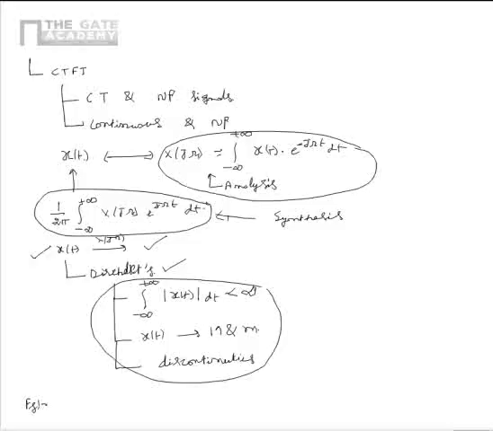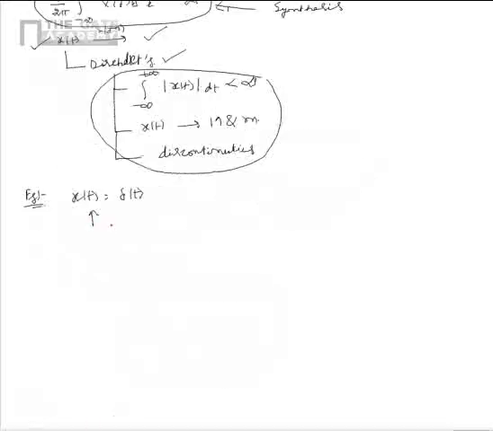Now let us consider an example. Suppose there is a signal x of t which is given as delta of t. Now we have to find the continuous time Fourier transform of x of t, which is given as integral minus infinity to plus infinity x of t e power minus j omega t dt, which upon simplification becomes 1.